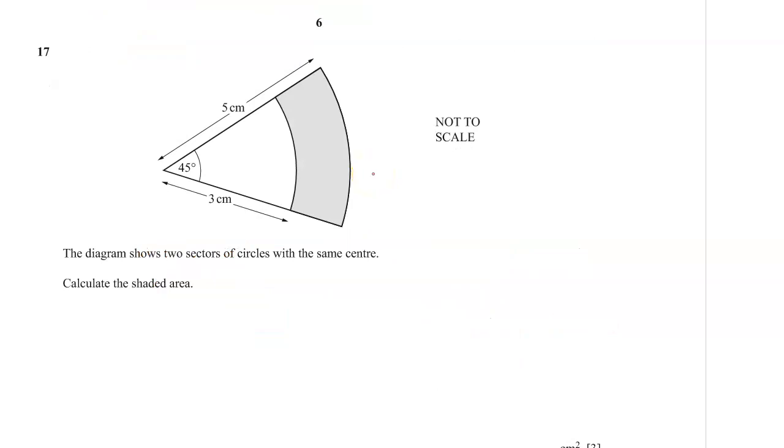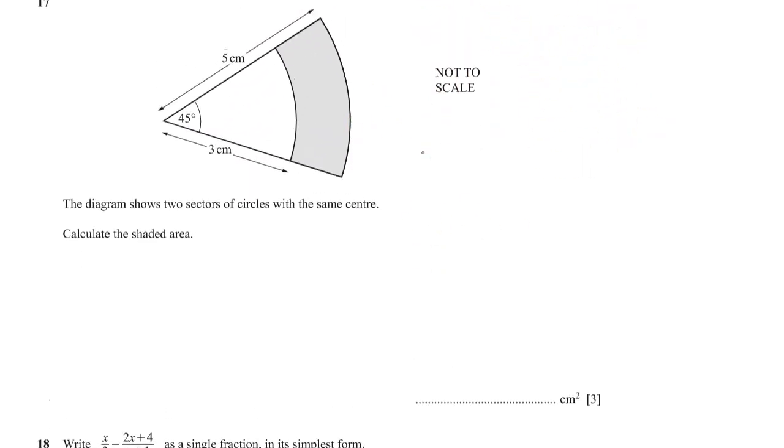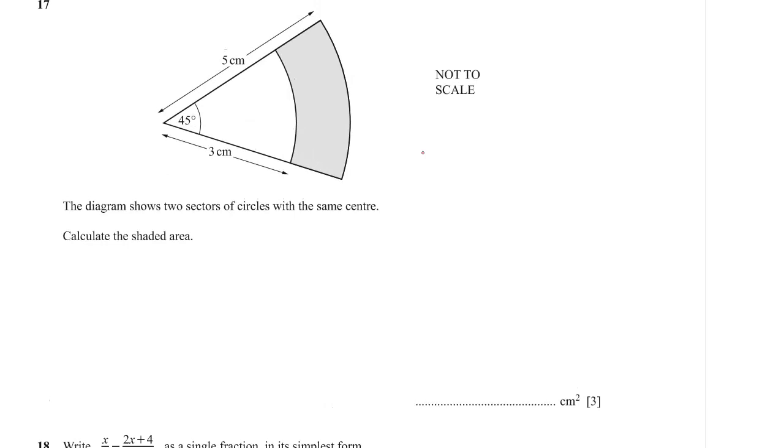Number 17. The diagram shows two sectors of circles with the same center. Calculate the shaded area.